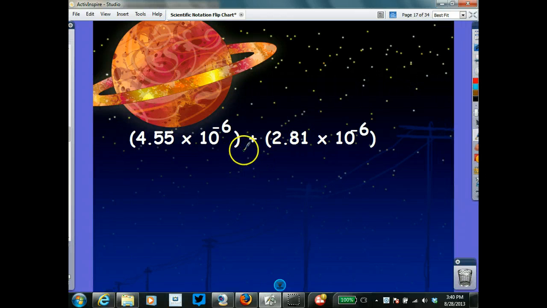Alright, on this one, same thing. We're still adding. You have 4.55 times 10 to the negative 6th plus 2.81 times 10 to the negative 6th. Go ahead and try this one on your own.